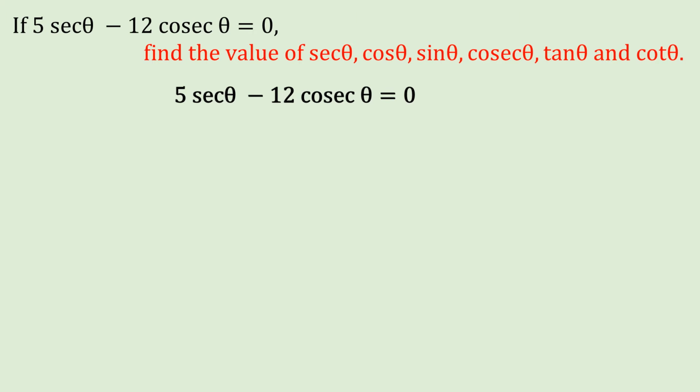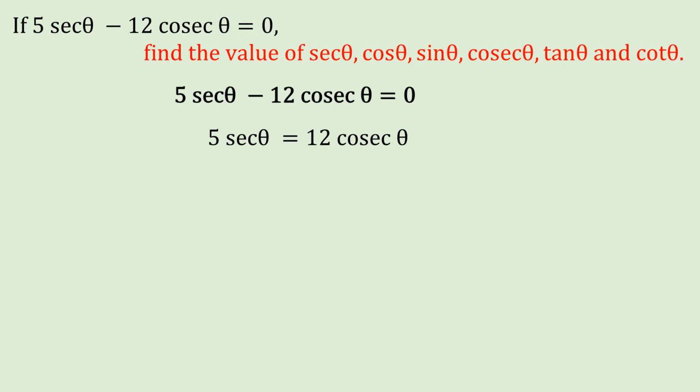First we will take what is given to us: 5 sec theta minus 12 cosec theta equals 0. So we will transfer them to the right side.